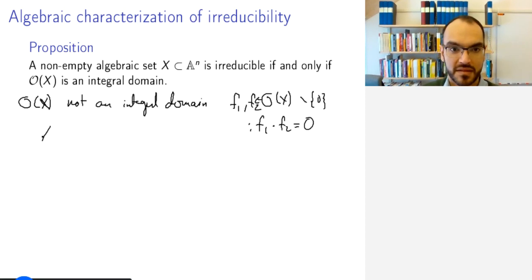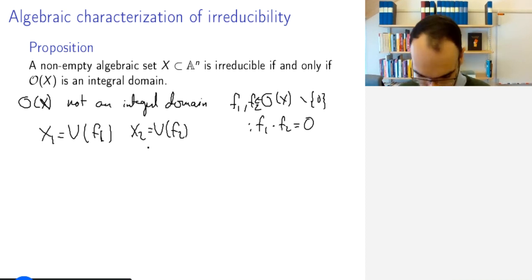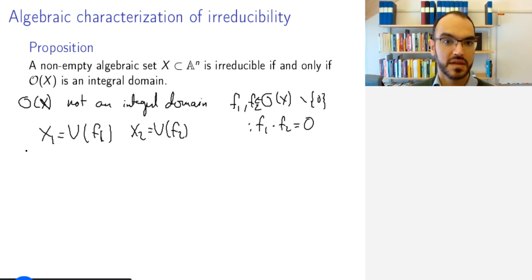And then if we set X1 as the vanishing set of F1 and X2 as the vanishing set of F2, then these two are closed and they are not equal to the whole space X because F1 and F2 are not 0.